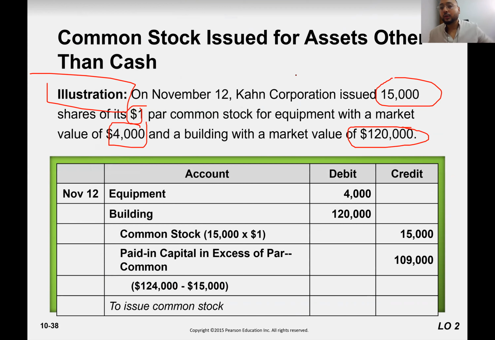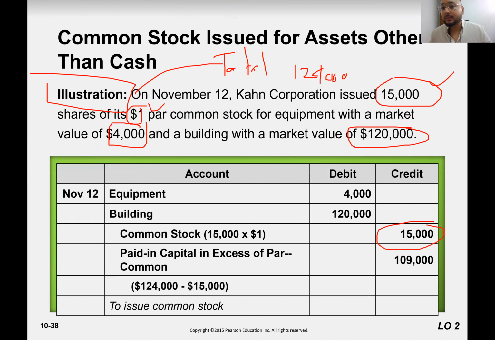Right? So the company received total paid in capital of 124,000. And remember, total paid up capital is equal to common stock plus paid in capital. So par value is 1. They have issued 15,000, so 15,000 is going to be their common stock.